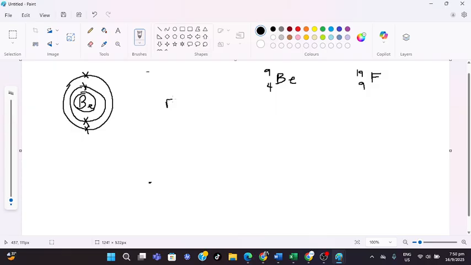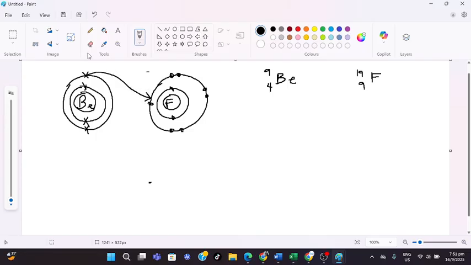Fluorine is gonna be 9, 2, and so a dot, these are electrons. 1, 2, 3, 4, 5, 6, 7. One we want to go here. And we still have another one.